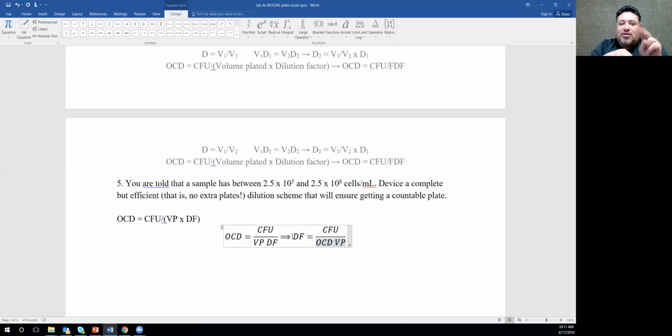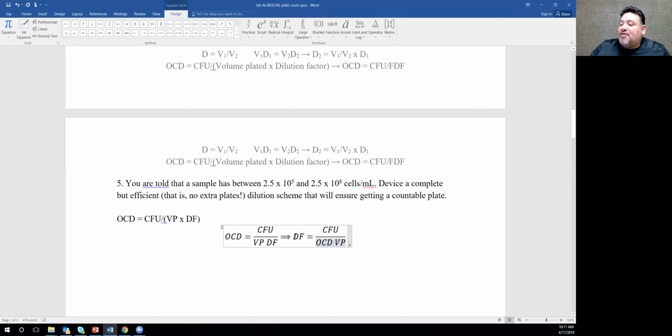So you have one colony forming unit value of 30 and one of 300. We also have 2 OCDs, right here: one is 2.5 times 10 to the 5th, and the other is 2.5 times 10 to the 6th, because we have 2 guesses. We could do all 4 calculations. We're not going to, because from experience I know we only have to do 2. We just have to choose wisely.